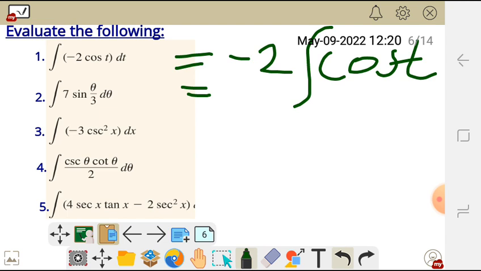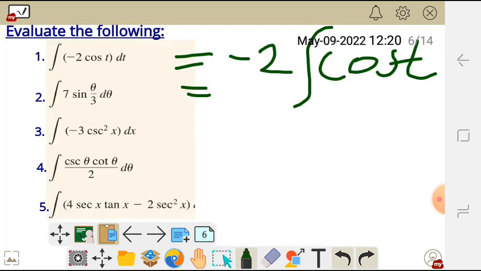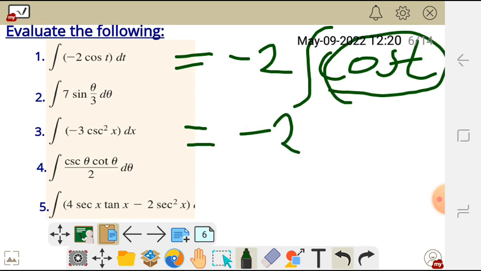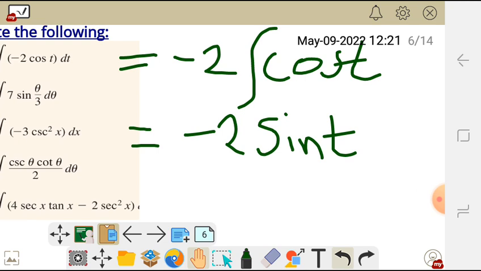The antiderivative of cos is sine x. So what we are going to have is negative 2, then the antiderivative of cos, which is simply sine t, and then plus c.